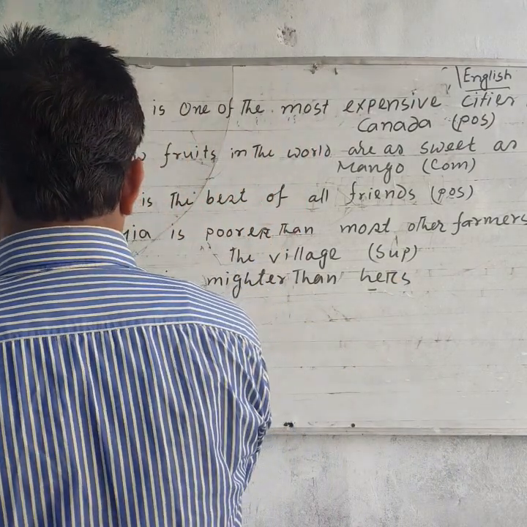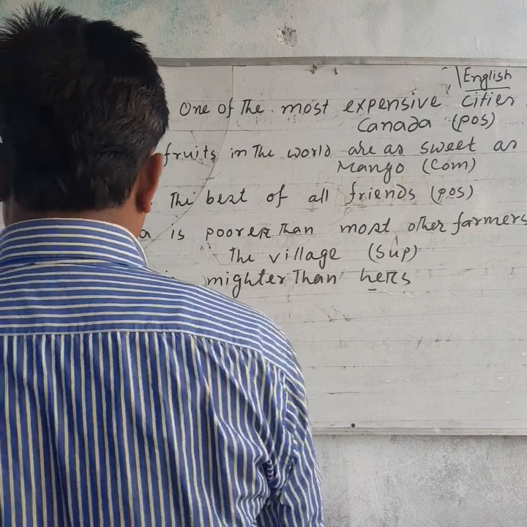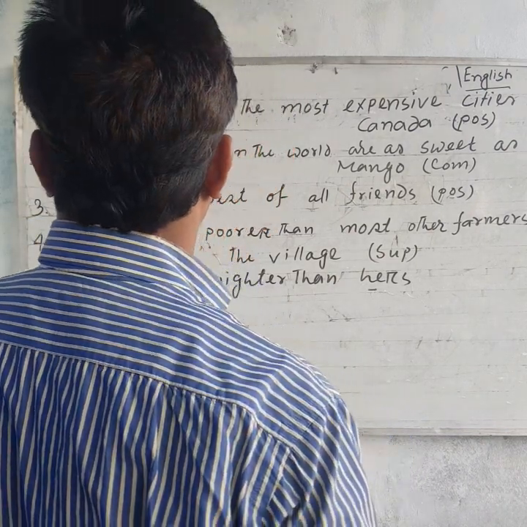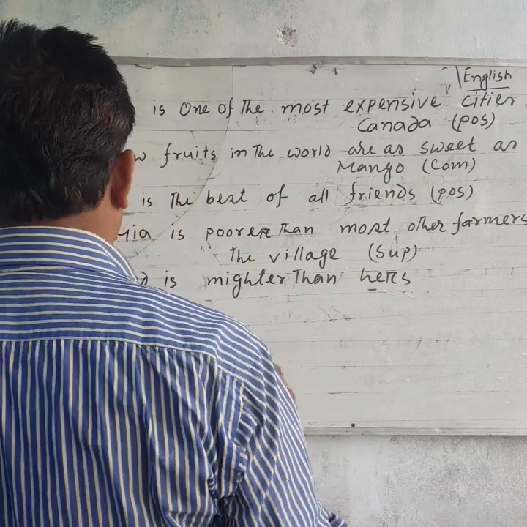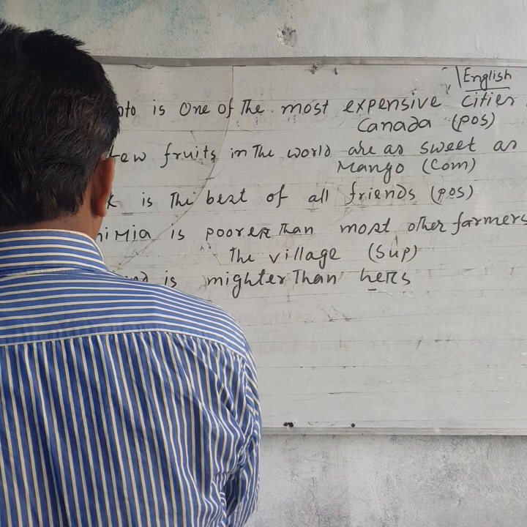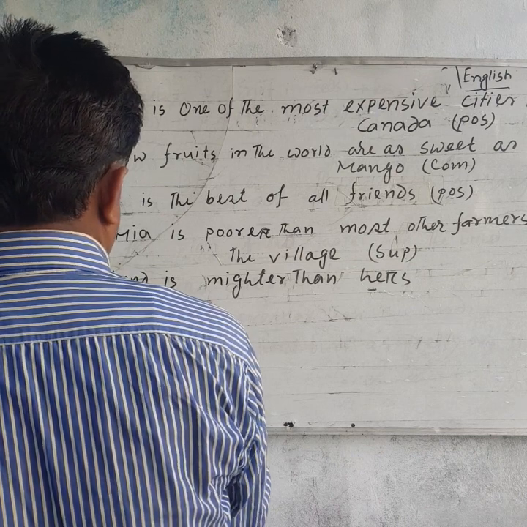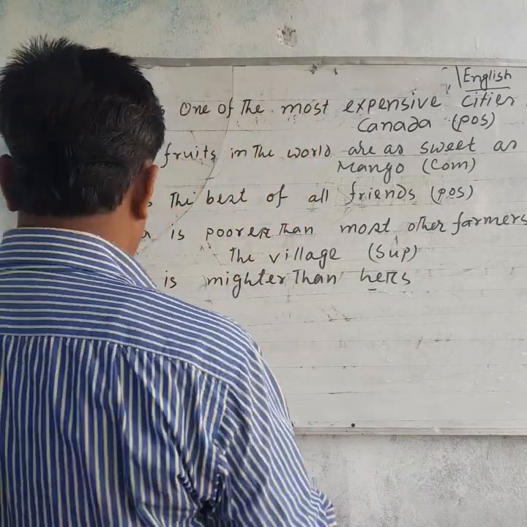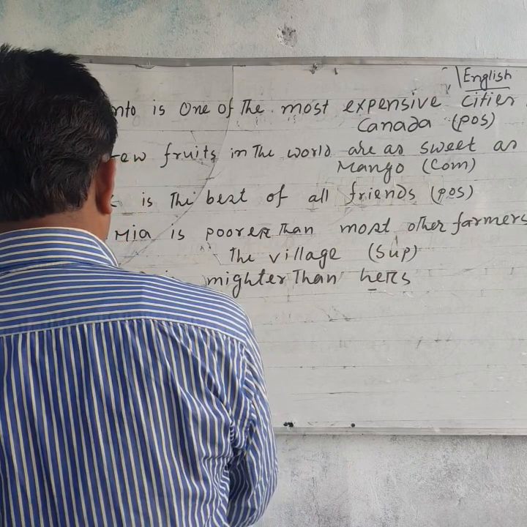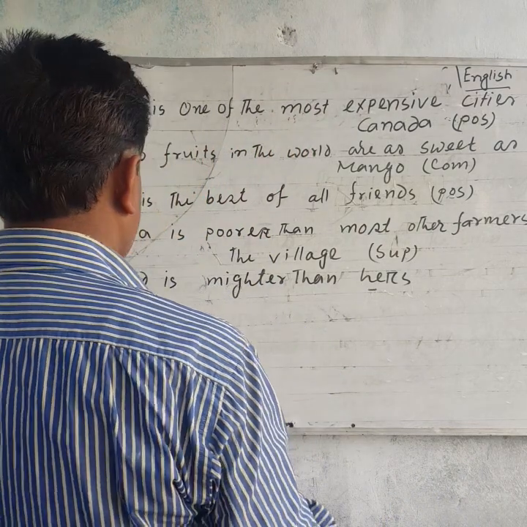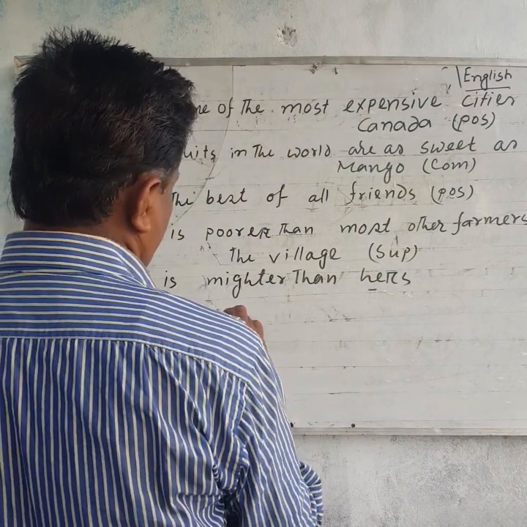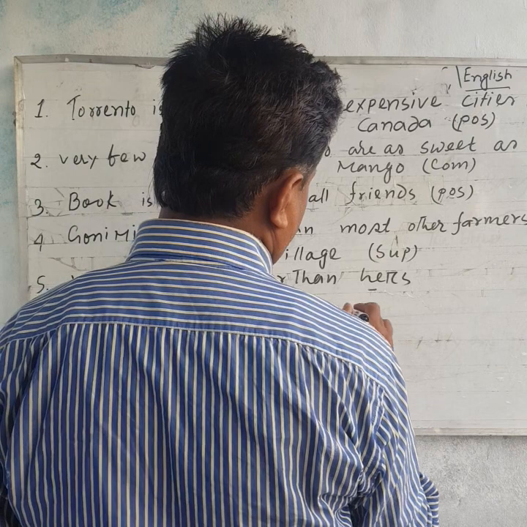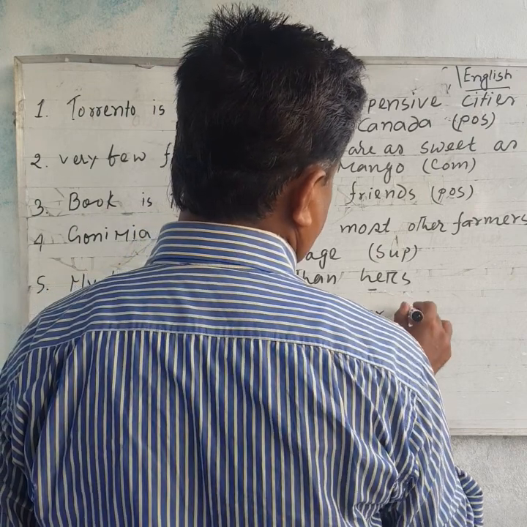Number 6: Akbar is greater than all other kings.